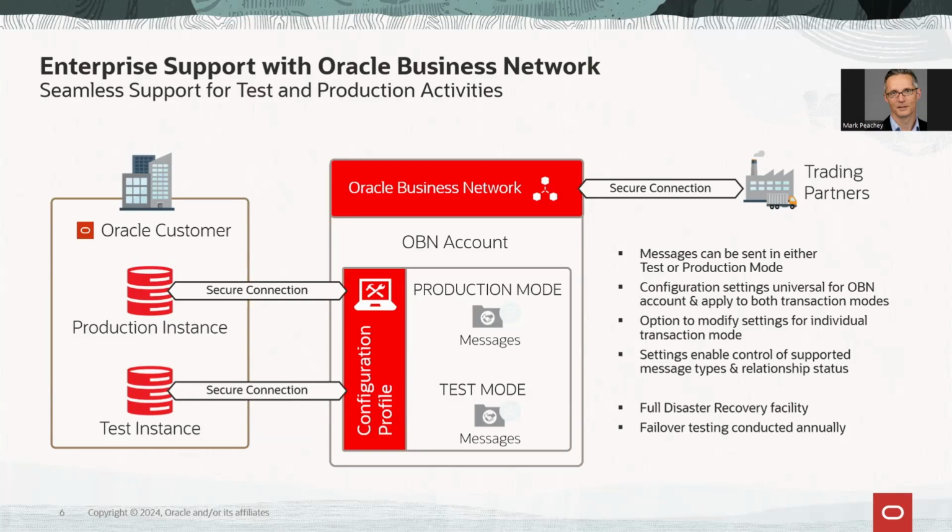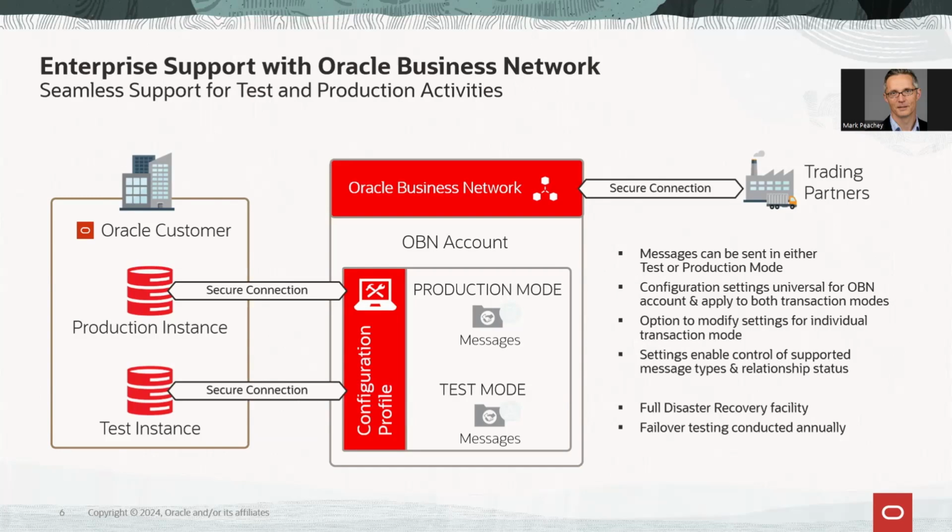Similarly, once you switch to production, those messages will flow through those instances. But the nice thing here is that all of the configuration that's involved is all part of your single OBN account. You don't have to migrate all of the settings between your test and your production instances, because it's all handled within that one OBN account.